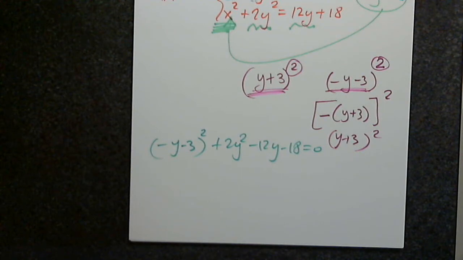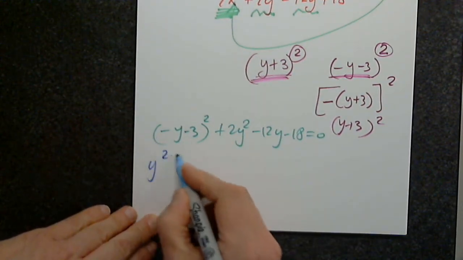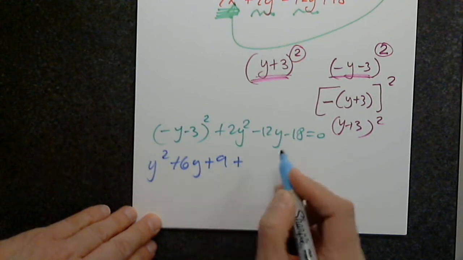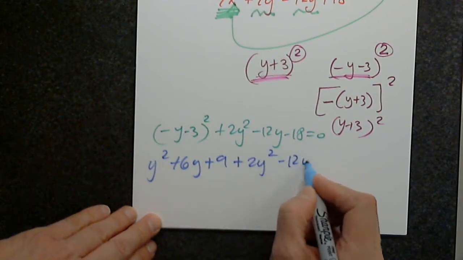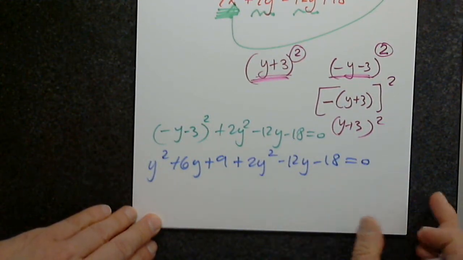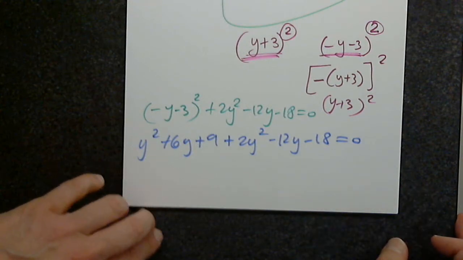Can anyone give us y plus 3 squared, and how many terms would you give me? Good. Plus 2y squared minus 12y minus 18 equals 0.